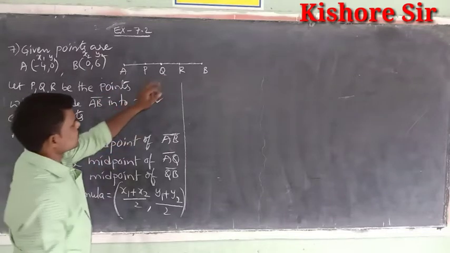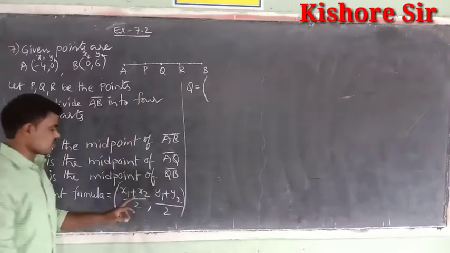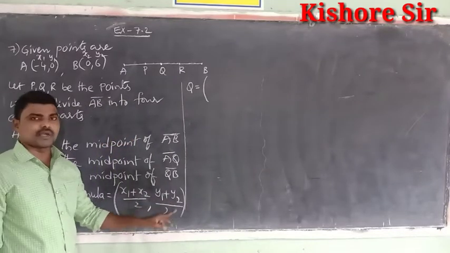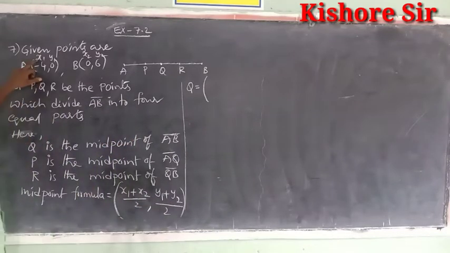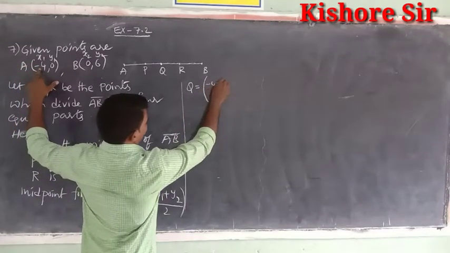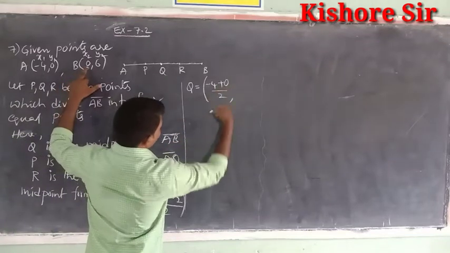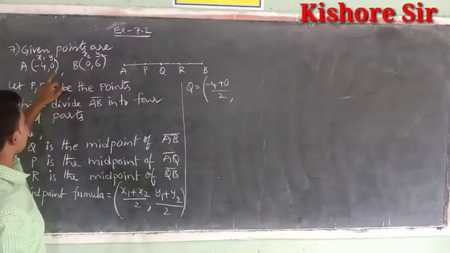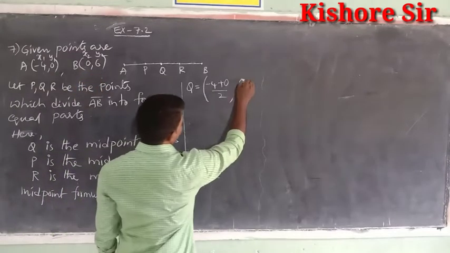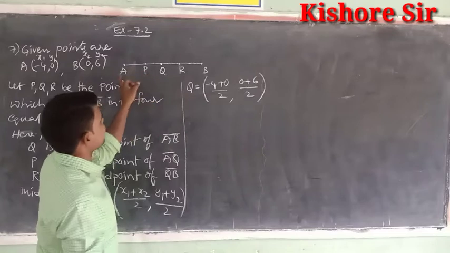Q is equal to (x1 plus x2 by 2, y1 plus y2 by 2). The value of x1 is minus 4 plus x2 0, so minus 4 plus 0 by 2, comma y1 plus y2, 0 plus 6 by 2.